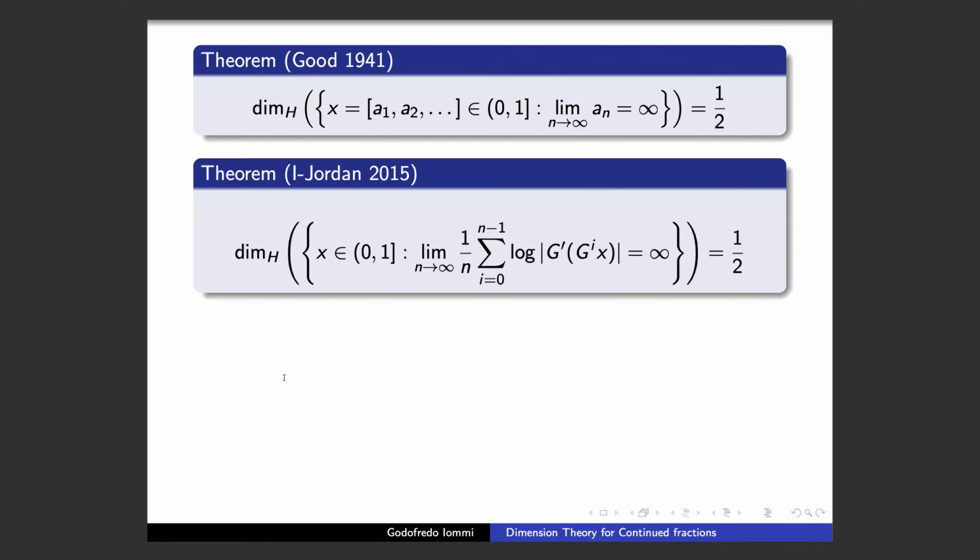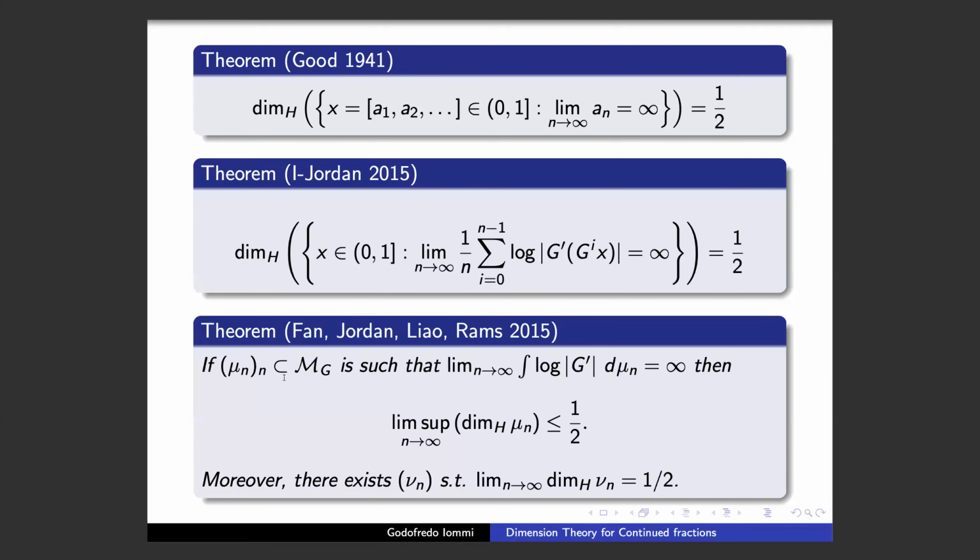And there is a third result, which is relevant in this setting, which is now of measure-theoretical nature, which was proved by Fan, Jordan, Liao, and Rams, which is the following. Pick a sequence of invariant probability measures for which the Lyapunov exponent of those measures, the integral of the logarithm of the derivative, converges to infinity. So again, these are measures for which their support is getting closer and closer to 0, because the derivative has to grow and grow.